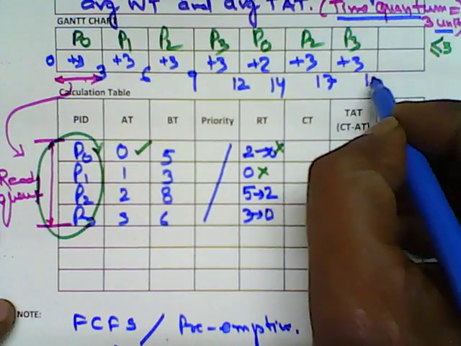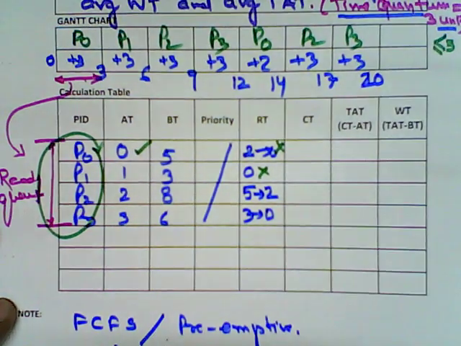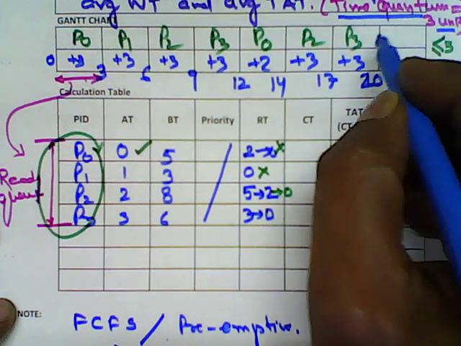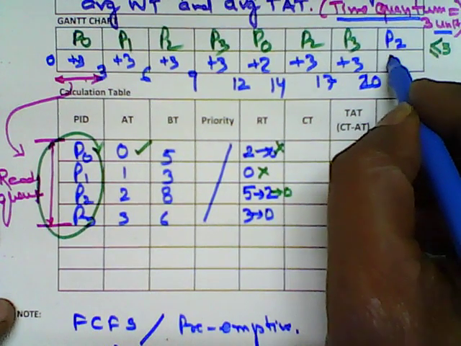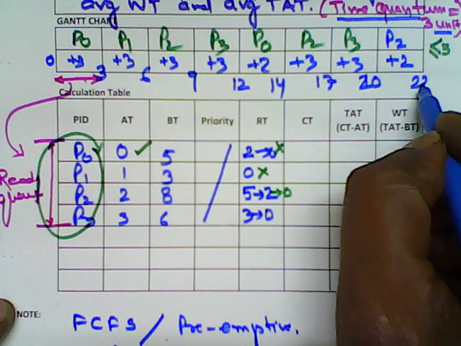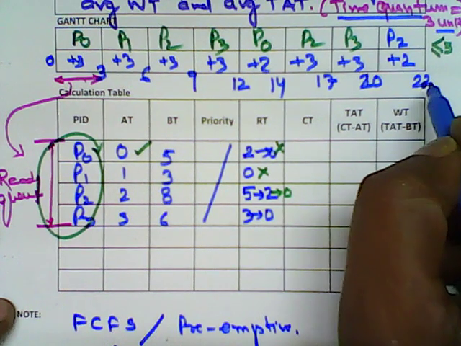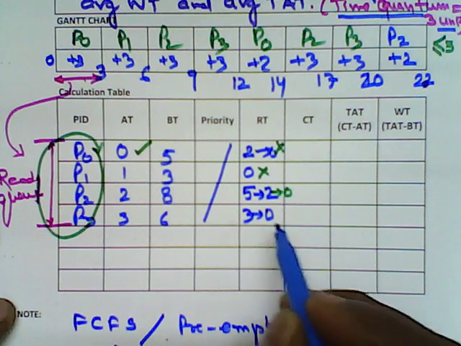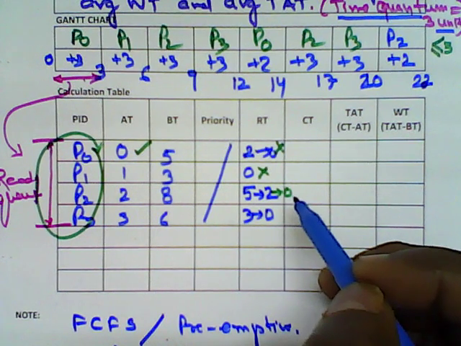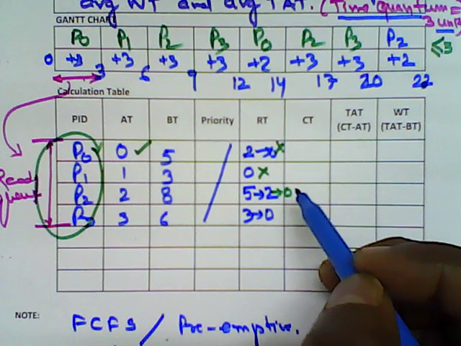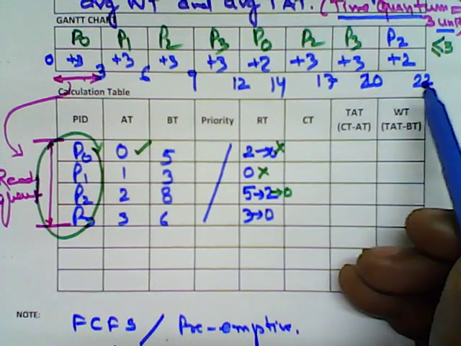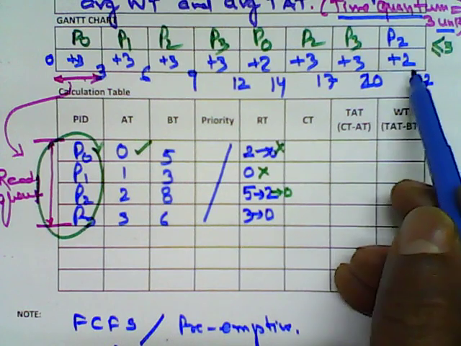After this one, which is the process? It is the process P2. It becomes 0. So for process P2, we will be adding plus 2. So it becomes 22. So we have seen in this particular scenario that P2 has repeated for how many times?